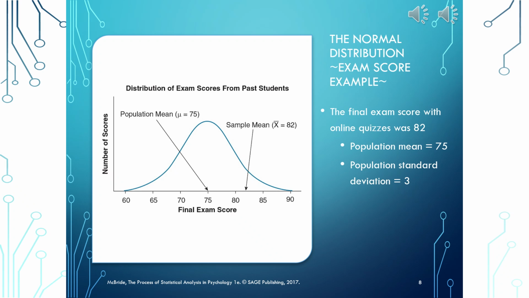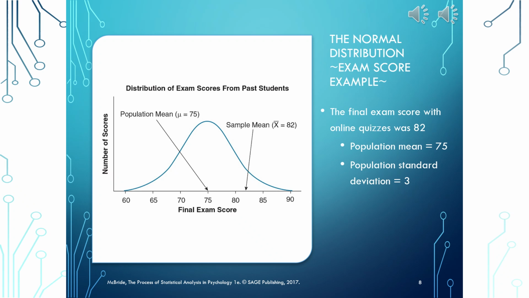Now, let's say we have a new class, and the average final exam score for this class is 82. We want to know, using a standard normal distribution, how likely is it to see a sample mean of 82 in comparison to the population mean?